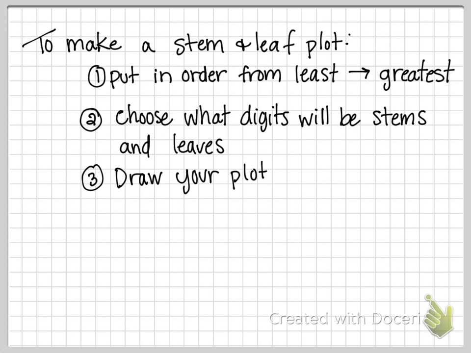It always looks like this. We'll have a straight horizontal line and then a vertical line. To the left will go your numbers that are your stem, and on the right will go your numbers that are your leaf numbers. And then we fill that in. Looks like a crane. Stems go on the left, leaves go on the right. All right, so let's do one.